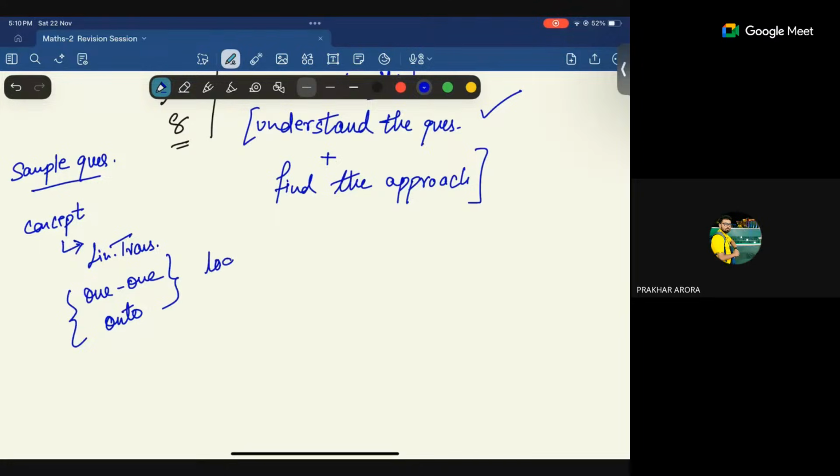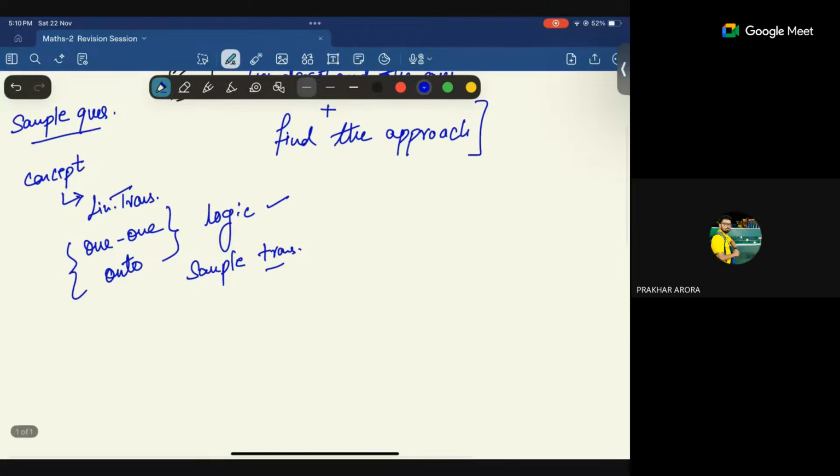I will first tell you the logic, and then I will give you a simple transformation, and I will show you how we can claim that this is injective, surjective, or bijective. I hope this is clear.